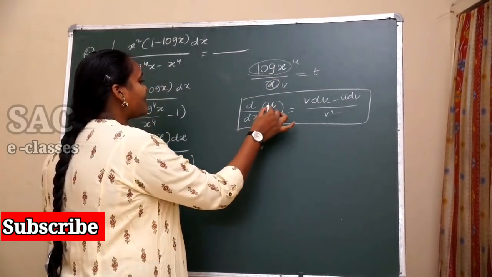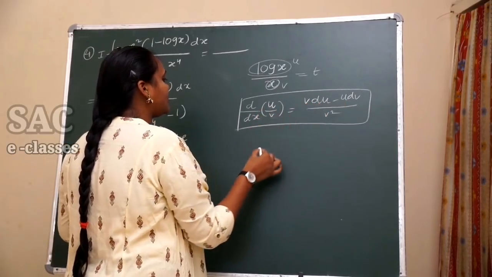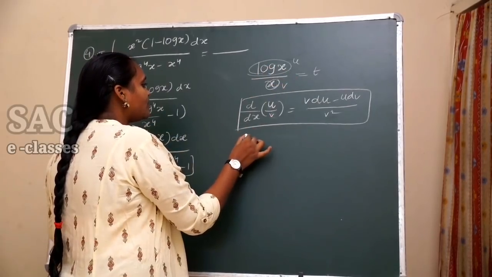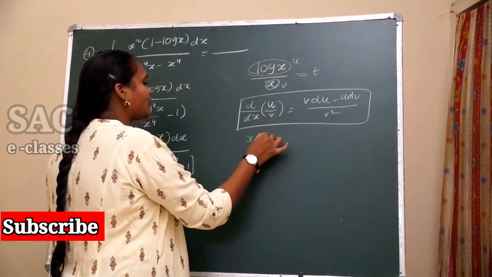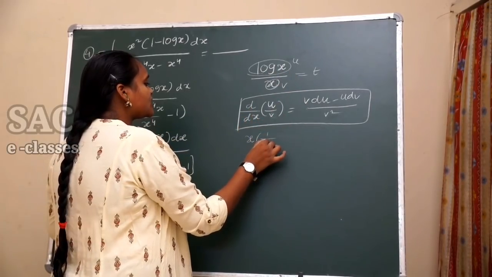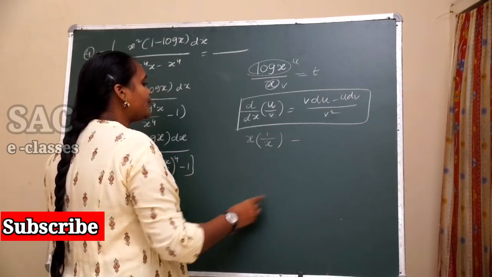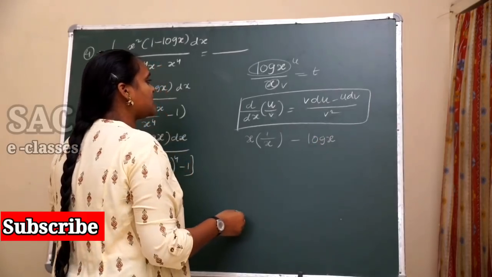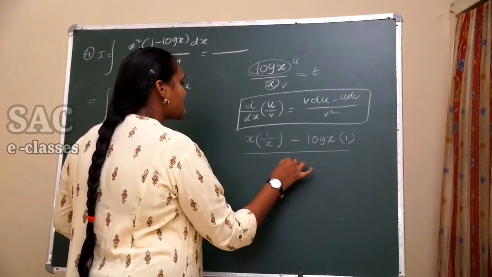You know about differentiation of u by v is v du minus u dv by v square. What is the u and what is the v? v is x, log x into differentiation of log x is 1 by x minus u means here log x, and dv means differentiation of x is 1 whole by x square.